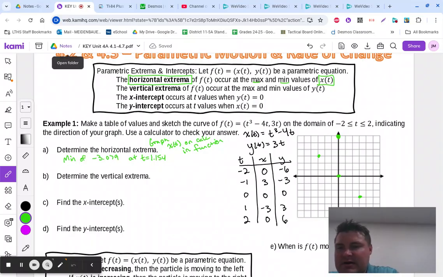Again, our t's and x's are flipped, and our x's and y's are flipped as well. So max of 3.079, and this happened at t equals negative 1.